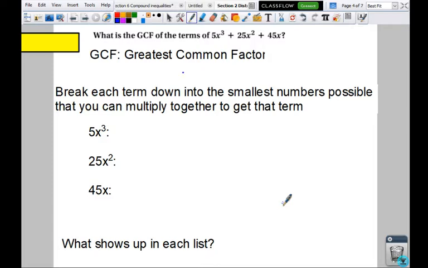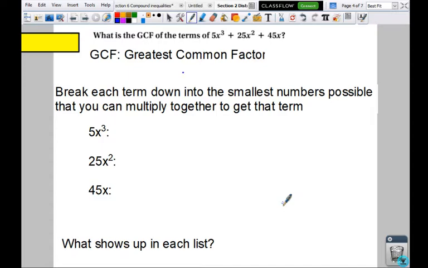Or in other words, I want the biggest thing that I can divide and not get a decimal. You can probably just look at it: what's the biggest number I can divide 5 and 25 and 45 by and not get a decimal? 5, right? So that part's pretty easy. It'll get tougher later, but we're going to start with the easy one.